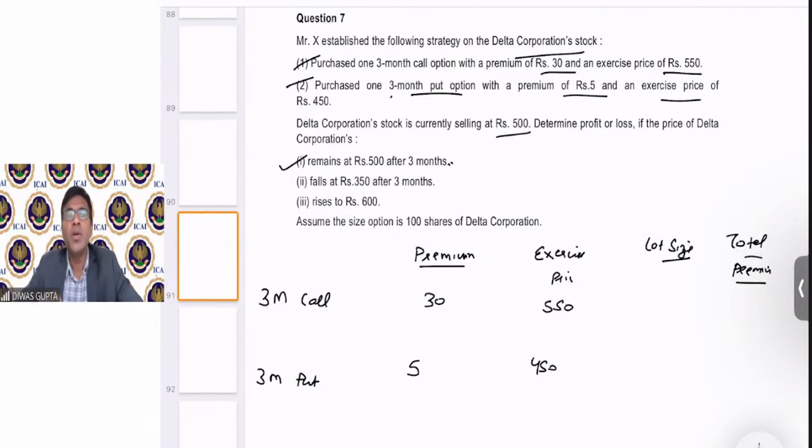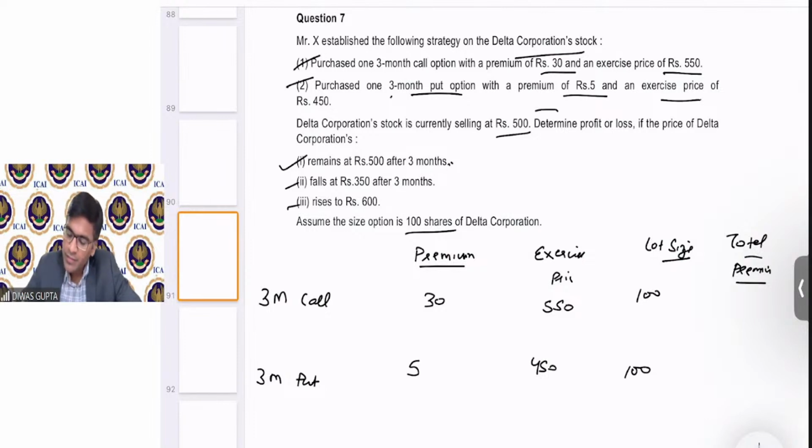What is the period of these? The period of these call options and put options was 3 months. So they are saying, what if after 3 months the price remains the same at 500? And what if, in the second case, it falls to 350 or it rises to 600? Assume the size of the option is 100 shares of Delta Corp.